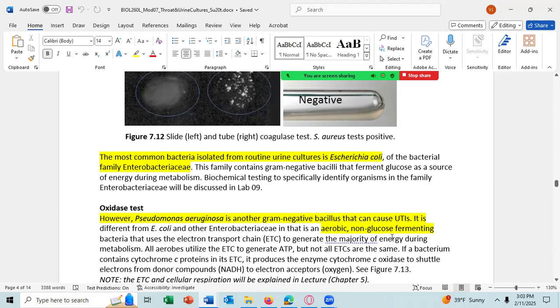They all ferment the sugar glucose, and all of them, family Enterobacteriaceae, are oxidase negative. So the oxidase test is a test we run to determine is the bacteria Enterobacteriaceae or is it Pseudomonaceae? And I don't know why they do the oxidase test because they could do the glucose fermenting test or even aerobic respiration to determine that, but they tend to do the oxidase test.